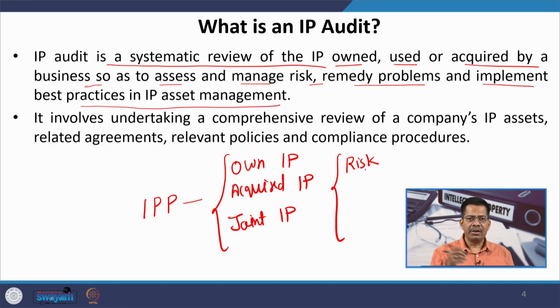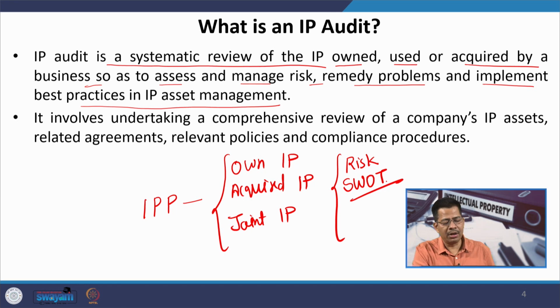Risk means the threats we are having from the environment, and the remedy means how you are able to use that opportunity for your benefit. So, you do an entire SWOT analysis for the IP audit, and these are two very important outcomes of this exercise of systematic review.